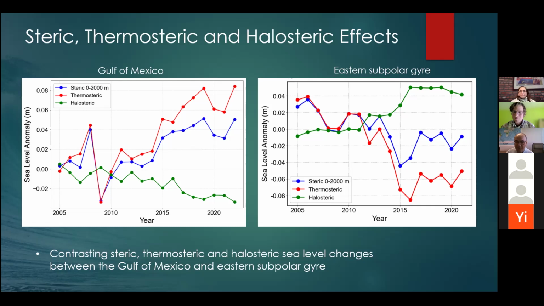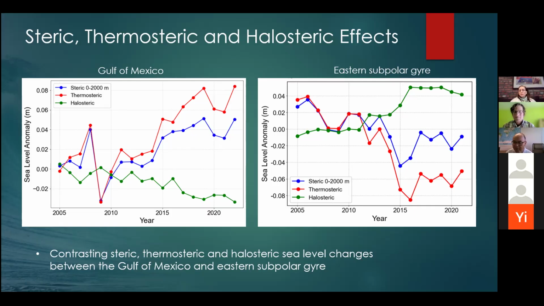So the ocean below 700 meters, the contribution is relatively small. We did compare the steric sea level rise for the upper 700 meters and for the upper 2,000 meters. So we found that the contribution from the upper 700 meters dominates. So yes, most of the signal is from the upper ocean.